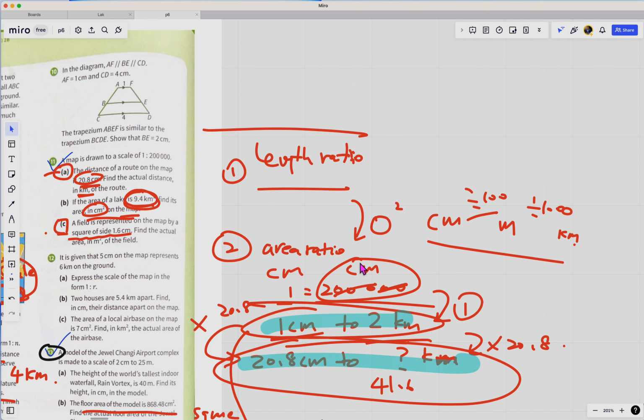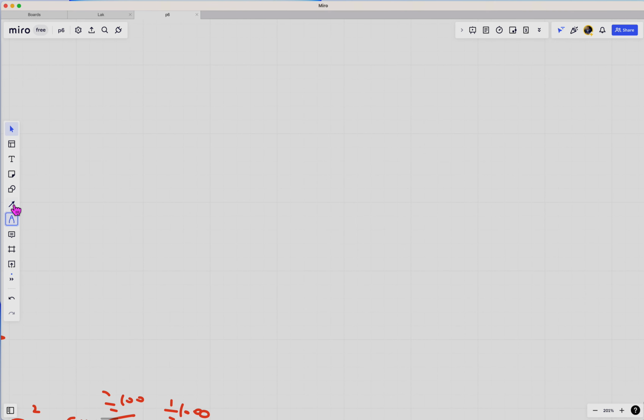So of course, if you are given the length ratio, you can get the area ratio by squaring everything, right? Then what if I give you the area ratio instead and ask you to give me the length ratio? Divide. What's the opposite of square? Oh, square root. Yeah, you have answered yourself.